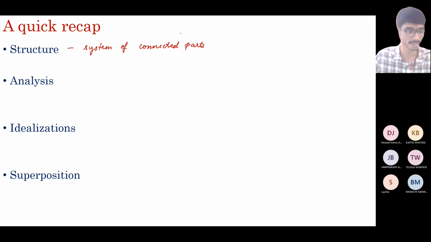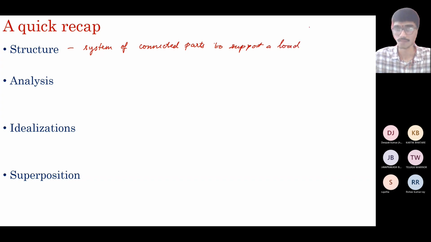So a structure is a system of connected parts that is used to support a load. For example, you must be familiar with a lot of structures. You call this a portal frame, you call this a truss. All these are structures. They should be adequately supported so that they can transmit certain loads.